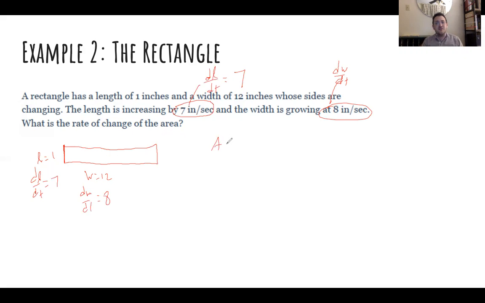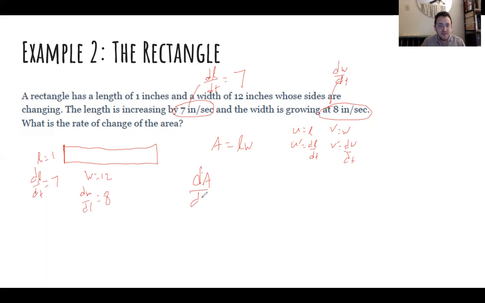So I'm going to start with the area formula. So I got length times width. Now, if you're playing along here and you want to do a little product rule, you can. This would be dL/dt. The v would be w, and the v prime would be dW/dt. Or you could just use the formula that we defined a little bit earlier.